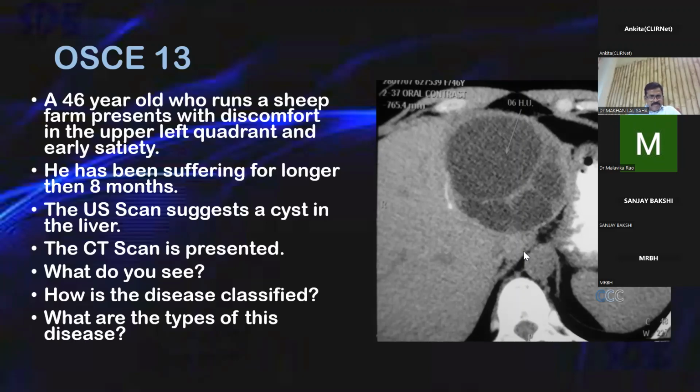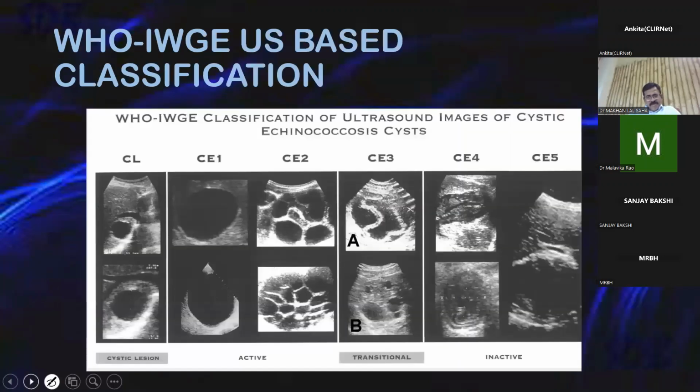Yes, sir. So the other question is, how is it classified? You have an ultrasound classification, the WHO International Working Group on Echinococcosis classification. You have a cystic lesion that is CL, CE1 and CE2. This is a unilocular hydatid cyst.